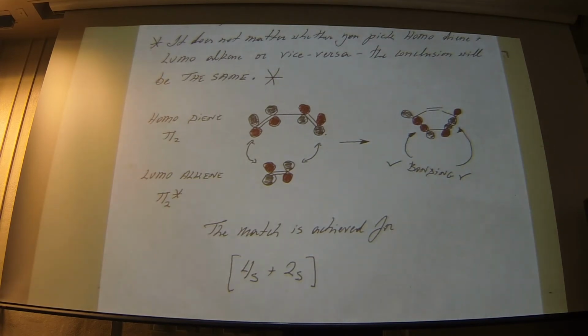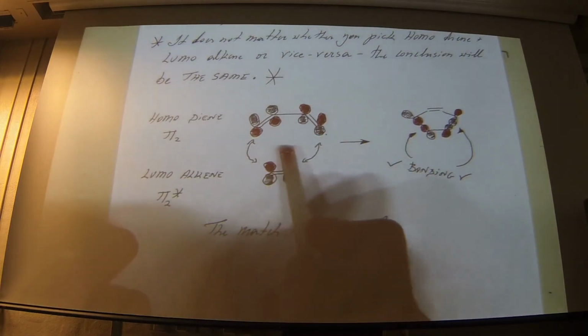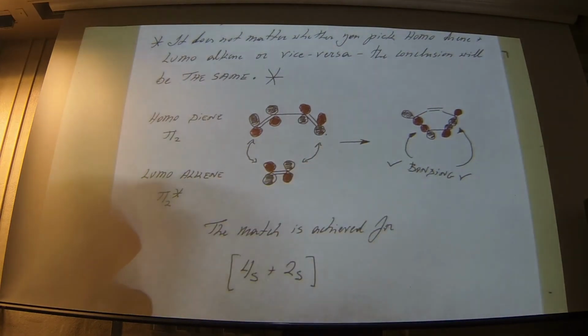Why? Yeah, it's just too strained. The transition state for 4a, 2a has way, way more strain than this one. So there's a low energy alternative. So that brings us to a point, right?